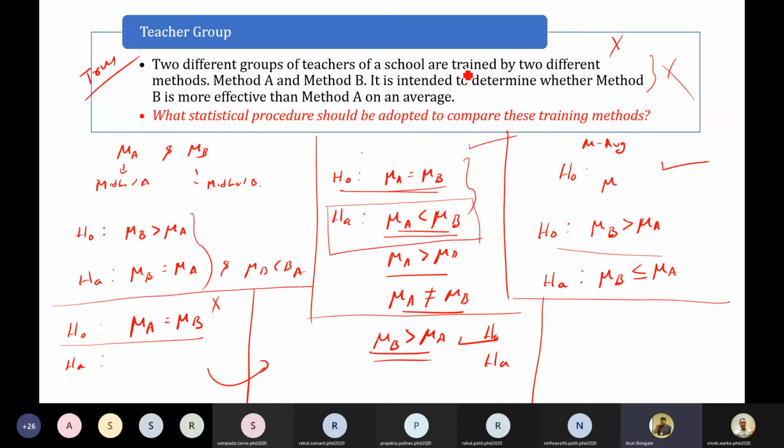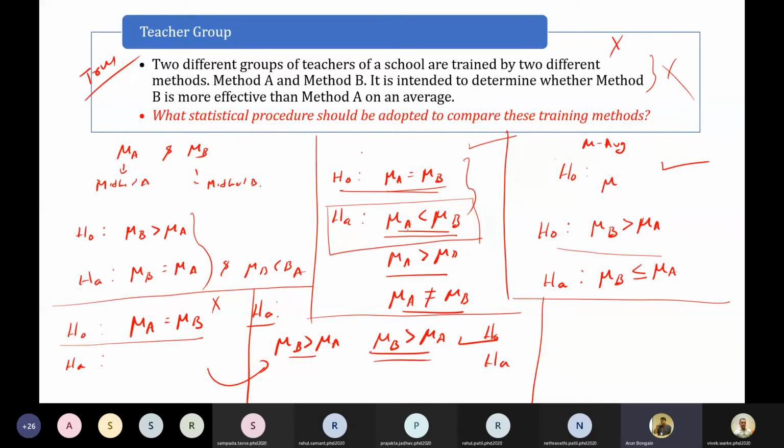But to hold this statement, I need to frame the hypothesis such that method B is greater than method A, or method A is less than method B. This will become the alternate hypothesis here. That's what I'm telling you: each type of example will vary.